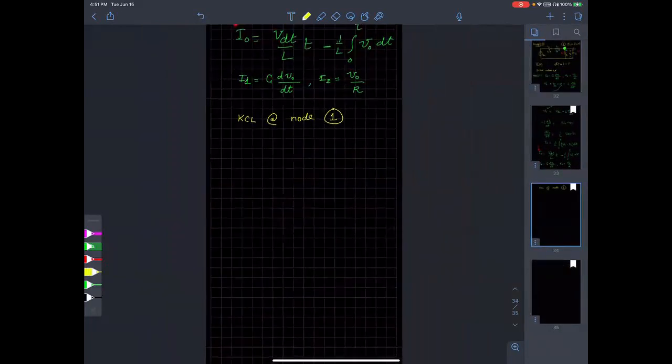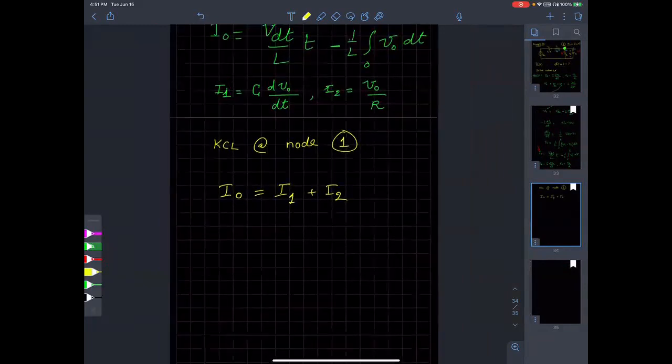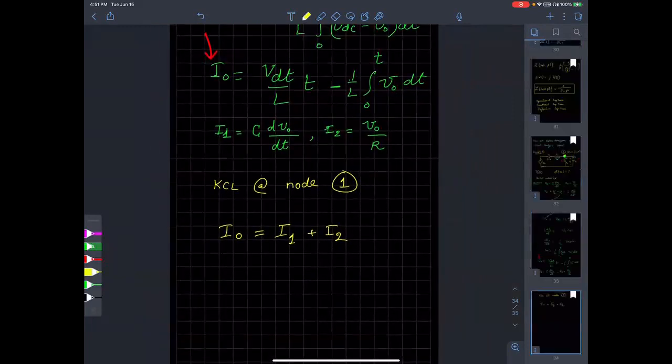I know for a fact that I naught, the current coming from the left branch inductor, is going into the resistance and the capacitance. What I have done simply is to set up the current-voltage equations. This should really be VDC.